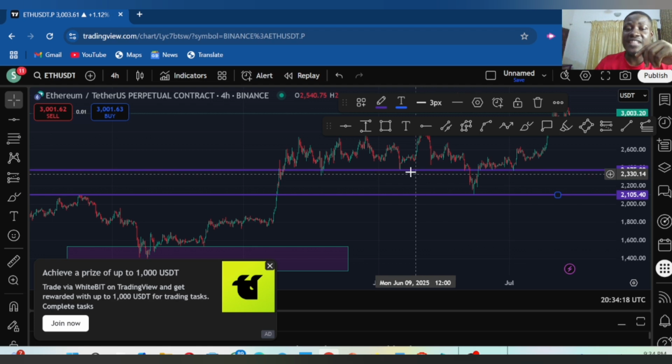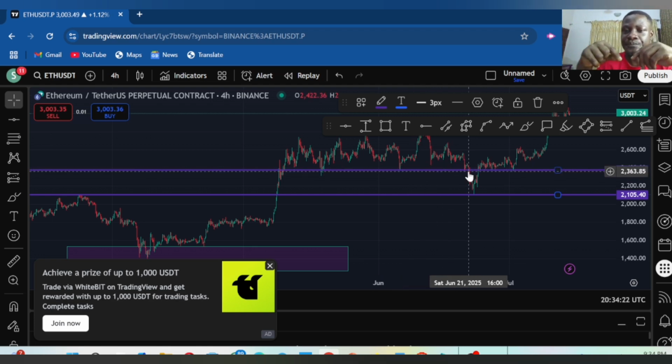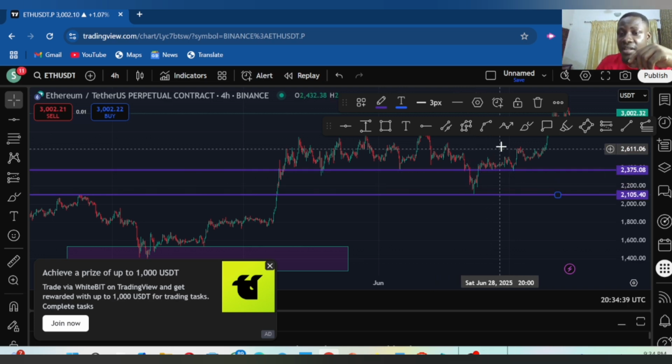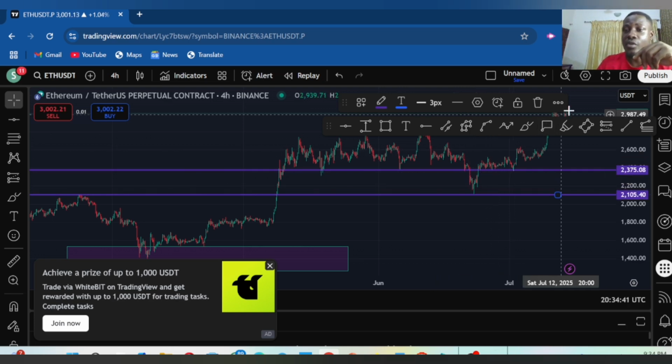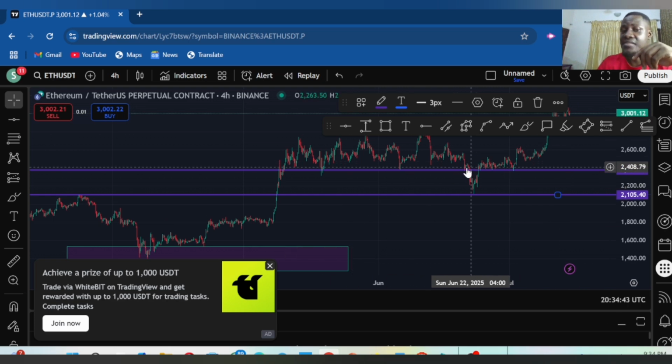The market broke below it because when support levels are retested so many times, they become weak. That was why the break occurred, and once it happened, the market quickly reclaimed, now going up to $3,000, and this is Ethereum.